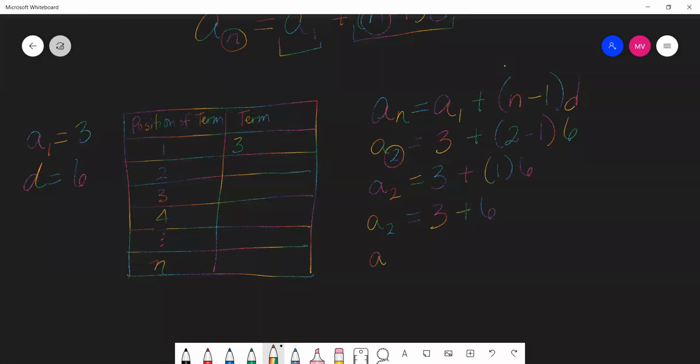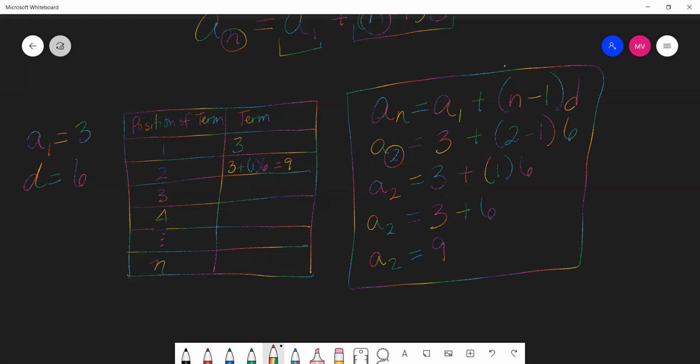So that means that A2 equals 9. So here we have 3 plus 1 times 6 equals 9. So I've worked through what they show you right there in the middle of page 155. They just went ahead and threw in all the values in here.